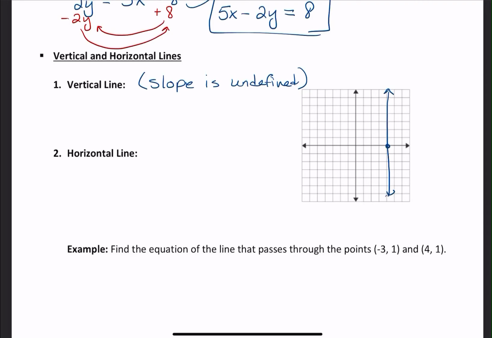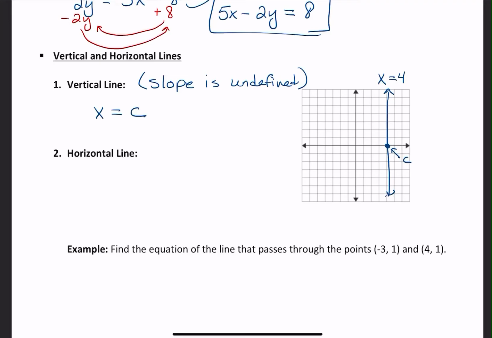It's just going to be x equals whatever point it's going through, or whatever x coordinate it's going through. And we're just calling it c. So if that went through 4, that equation would be x equals 4.